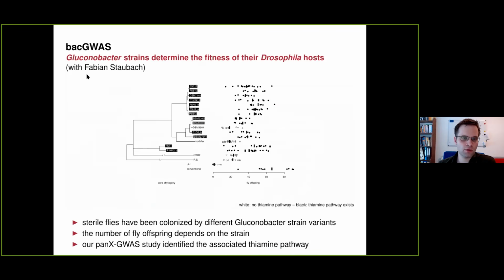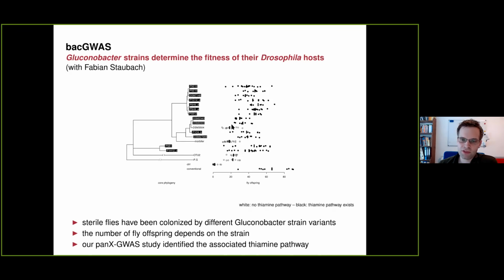Here's an example I did together with Fabian Staubach in Freiburg, where they measured the offspring of flies which have been colonized with different strain variants of Gluconobacter in their microbiome.